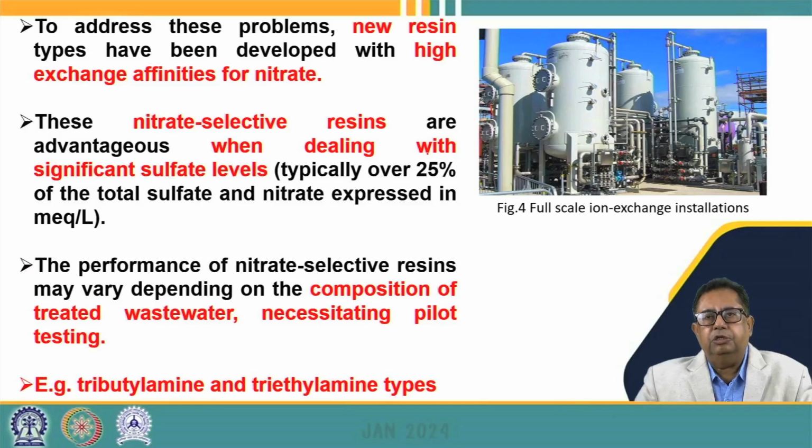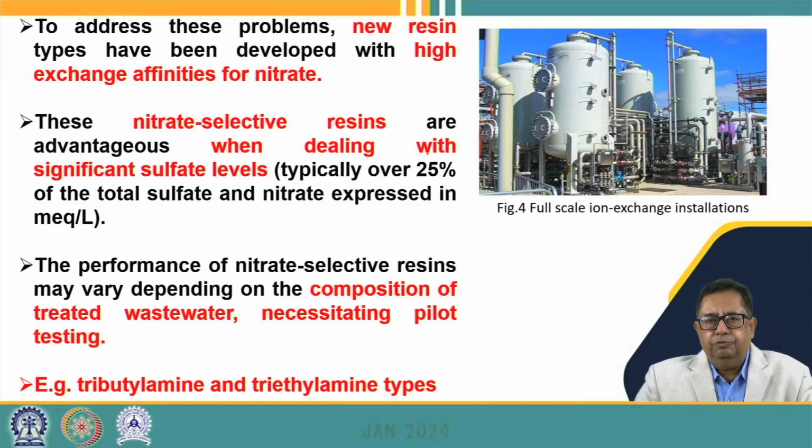If sulfate is more than 25% of the total, then this problem may arise more. So this means that we need resins which have higher affinity for nitrate, so that selective removal of nitrate can take place.